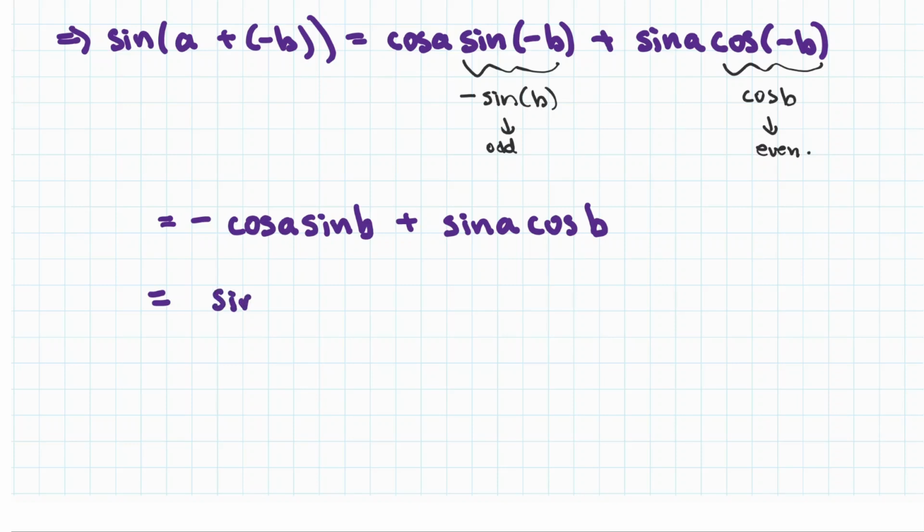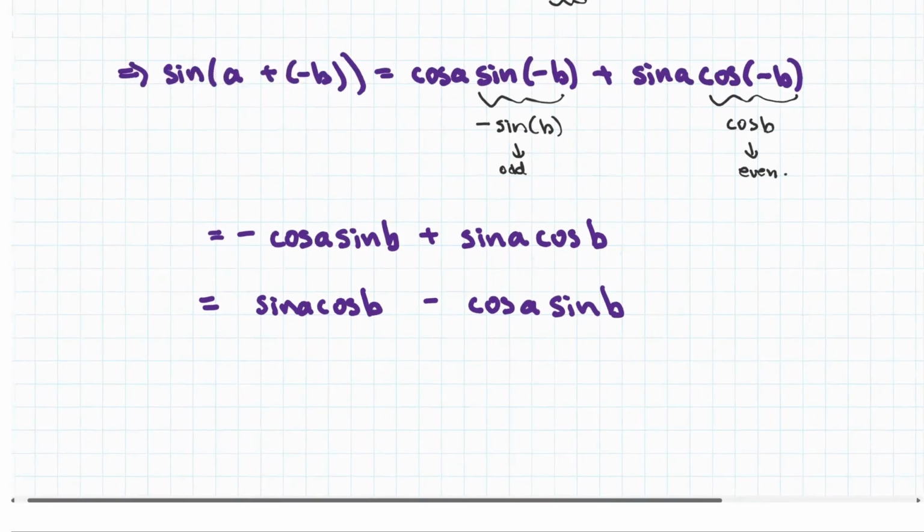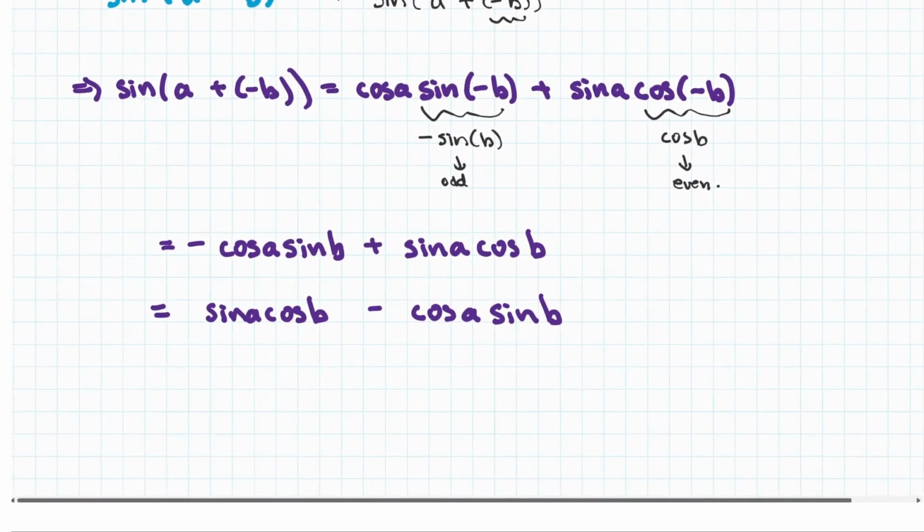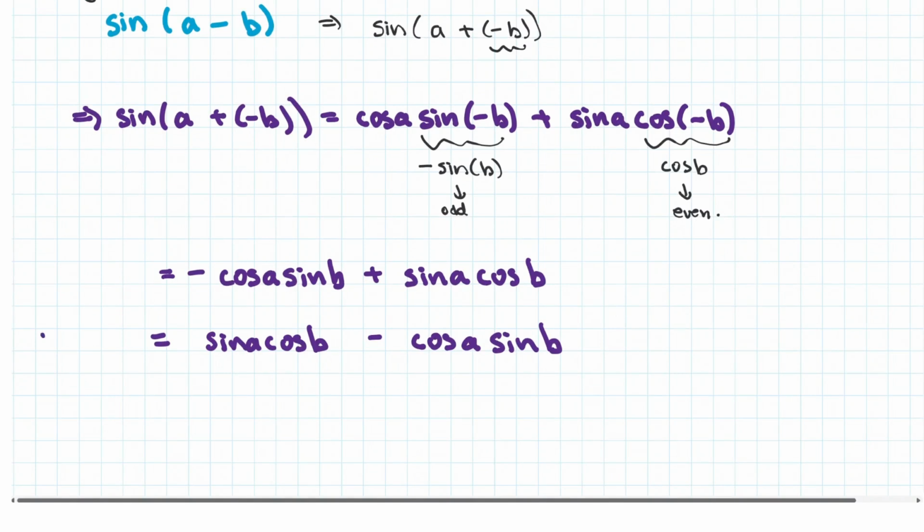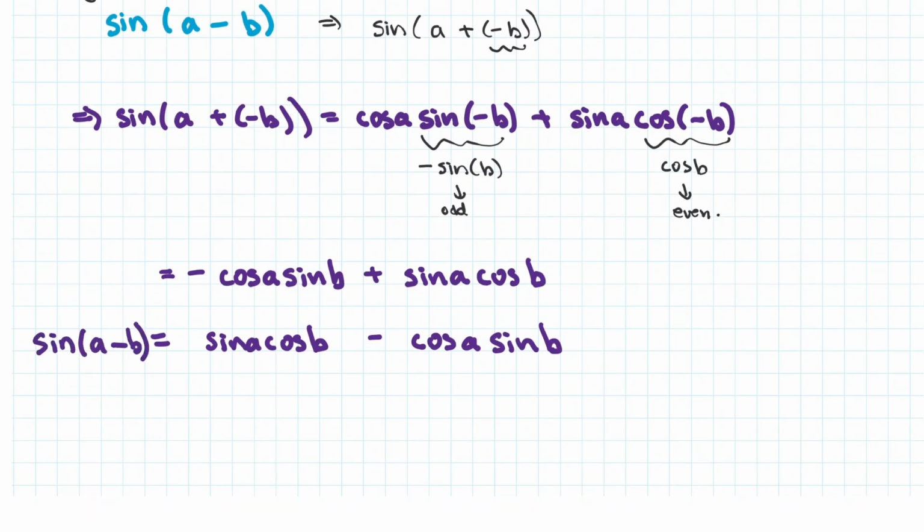So we've got sine A cos B minus cos A sine B. And there you have it. We've just derived the trig compound identity for sine of A minus B. That's pretty neat how you can use the knowledge of one to help derive another.